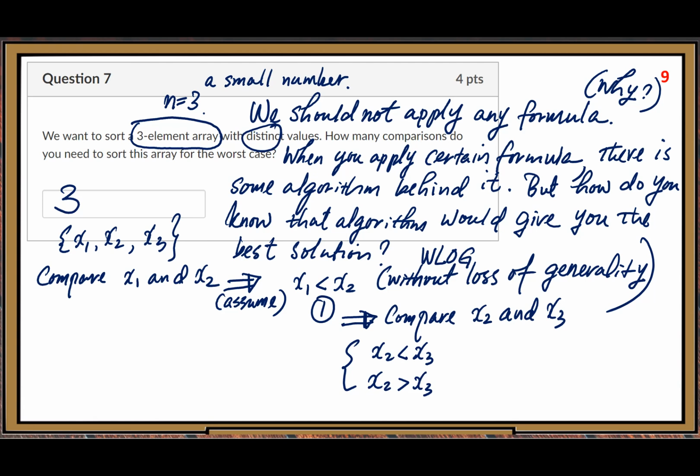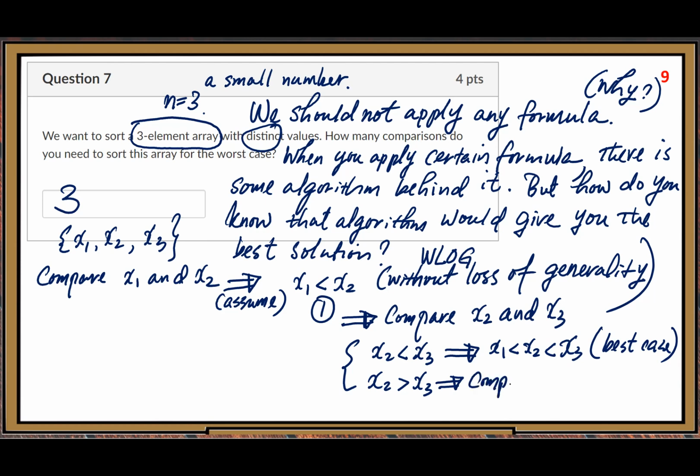In case 1, you have solved it, because x1 less than x2 less than x3. With 2 comparisons, you get it sorted. But that's the best case, not the worst case. In the other case, you do not get it sorted, so you need another comparison.